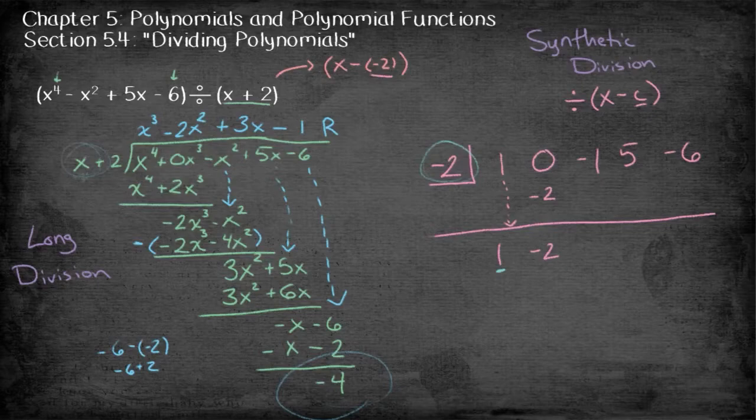I'm going to take negative 2 times negative 2, which gives me positive 4. I add those together, and I get positive 3. Now I take 3 and I multiply it by negative 2. I get negative 6. Add 5 and negative 6 together, I get negative 1. Take negative 1, multiply it by negative 2, get positive 2.